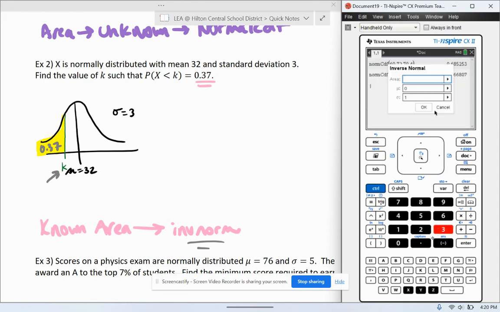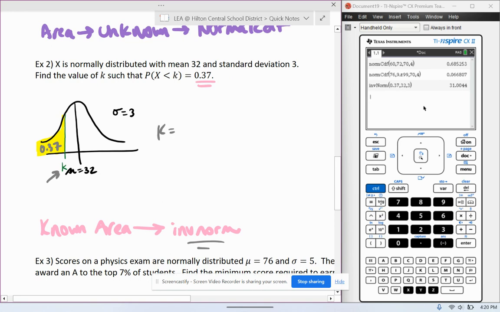Then it asks us for the area from the problem, 0.37. We have our mean of 32 and our standard deviation of 3, and our calculator will tell us what that k value is. Sweet. So when k is 31, pretty much we can leave it at 31, the probability that x is less than k is going to be 0.37. Cool.